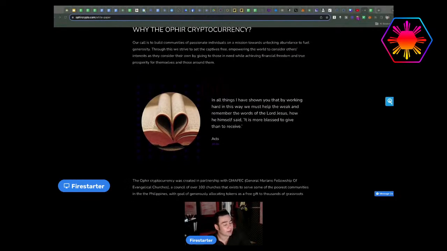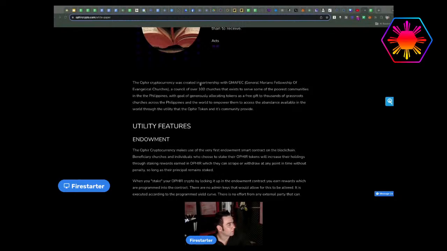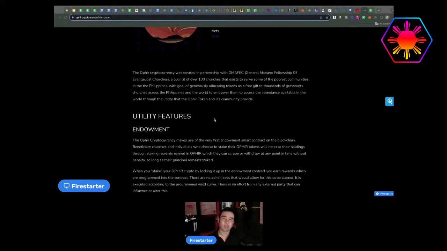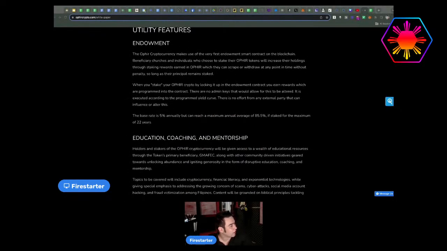This is really to endow and to empower grassroots churches. It was created in partnership with GEM Effect, General Mariano Fellowship of Evangelical Churches, and the plan is to distribute this cryptocurrency to thousands of churches across not just the Philippines but across the world.